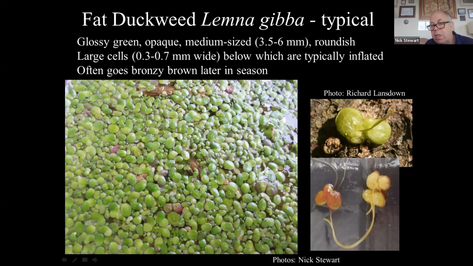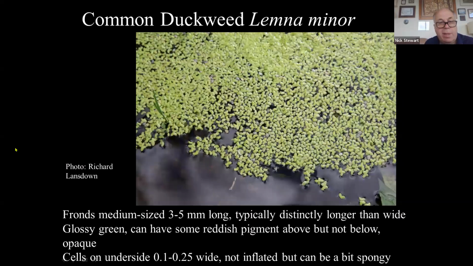You can sort of see the cell structure here. Even when flat, that should be visible on the underside of the frond. But some minor can have slightly larger cells, so there are some cases where there are questions.